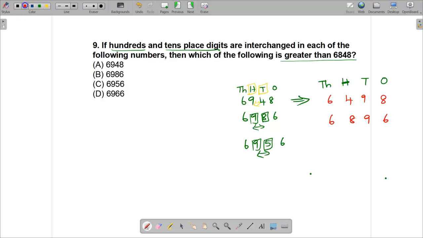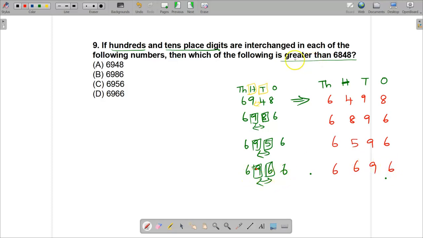So 5 will go to hundreds, 9 will go to tens position, and ones position remains the same. Then the fourth option, 6966. Here also we interchange hundreds and tens position, so 6 will go to hundreds, 9 will go to tens position, and then 6.